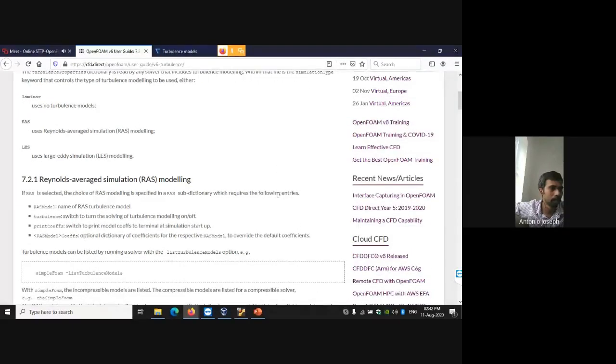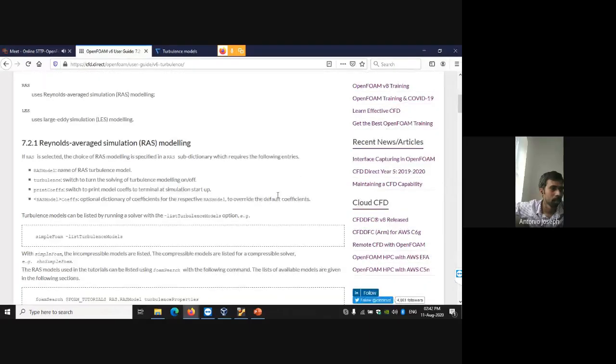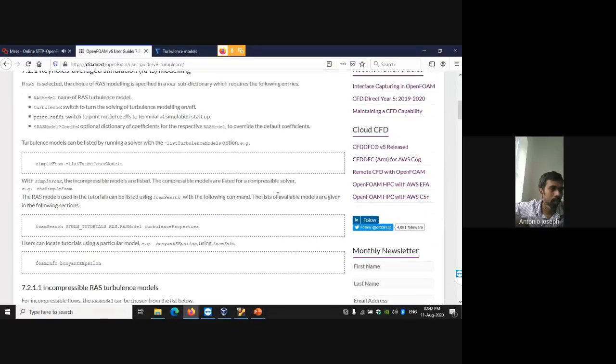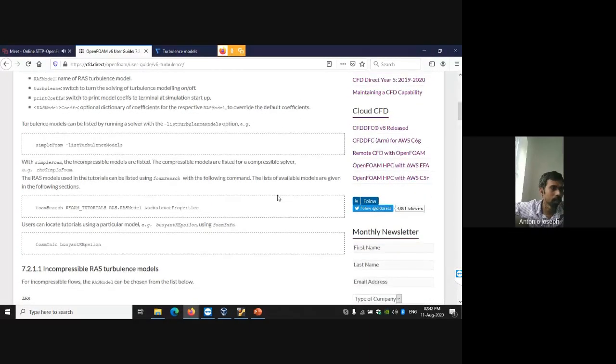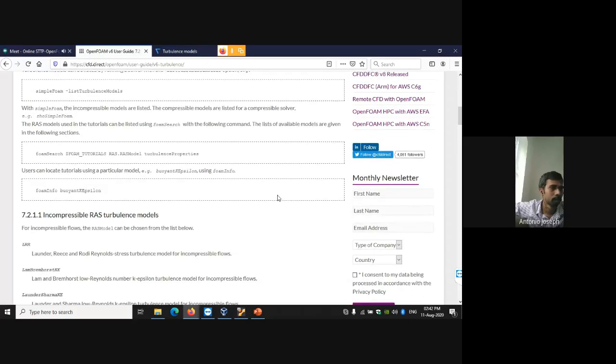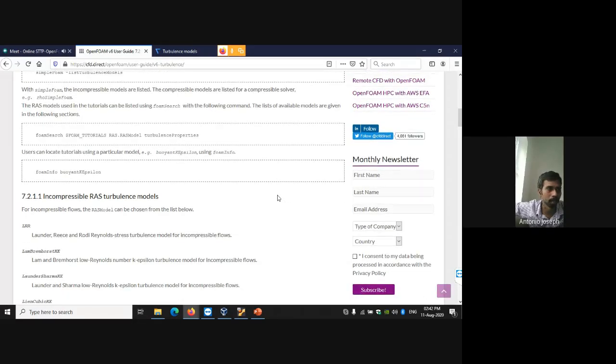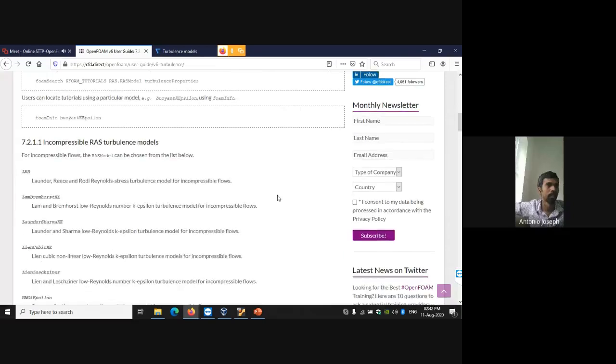So here we can see the RAS model is there. Then the incompressible RAS model is there. See, here we can see the different list of equations that can be used for solving the values of the kinematic viscosity dissipation and the turbulent kinetic energy.